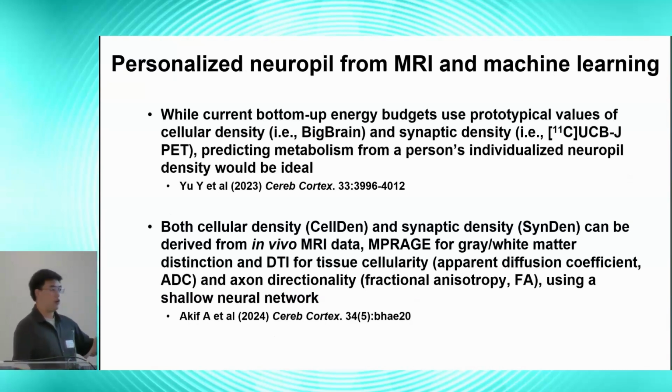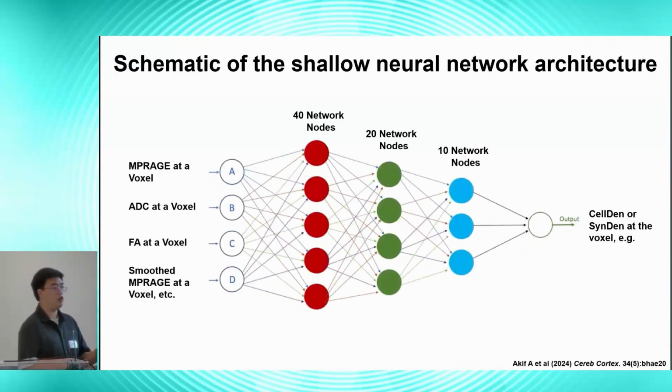And so based off of work that my colleague Adil Akif presented here last year and has published, we can use MP-RAGE and ADC and FA together to predict cell and synaptic density for individuals. Here is a quick overview of how he does it. We start with MP-RAGE at a voxel, ADC at a voxel, and FA at a voxel.